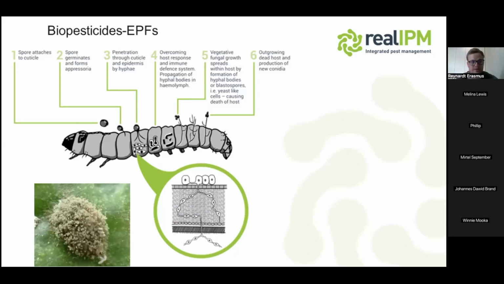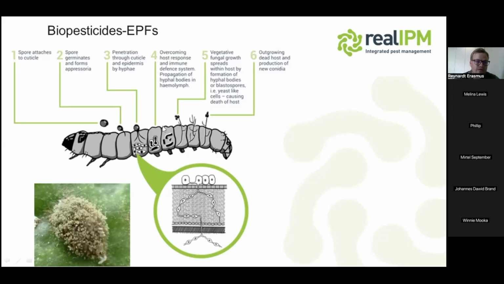This whole cycle or infection process starts with the spore attaching to the cuticle of the insect. The spore then germinates and starts producing appressoria. Penetration of the cuticle is eventually achieved through a combination of mechanical pressure by the appressoria, as well as enzymes that degrade the cuticle of the insect.